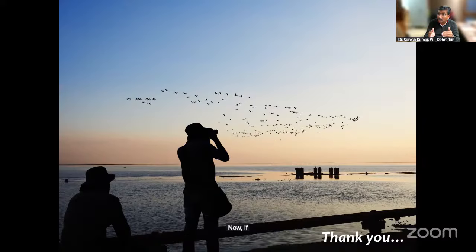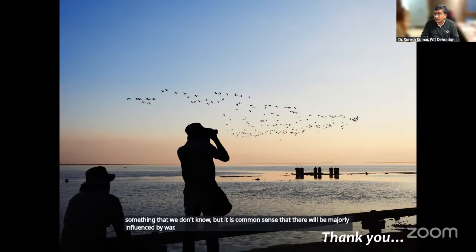Now, if they have to avoid that passage, now they have to negotiate through or navigate through certain other areas, which could be geographical barriers for them. And how are they going to do it? Or whether they are doing it? What is happening to them? Something that we don't know, but it is common sense that they will be majorly influenced by war.